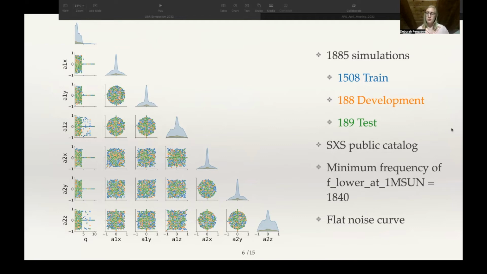The actual data points that go into the network are all possible pairs of the simulations within a data set and their resulting match. The matches are computed with a minimum frequency, f lower, at 1 solar mass equals 1840 Hertz. Right now they are computed on just a flat noise curve, so independent of mass, etc.